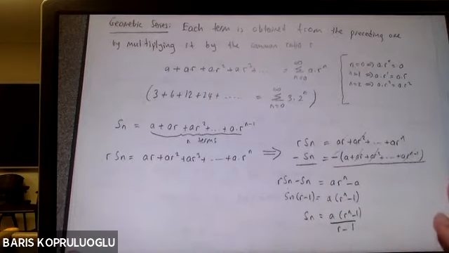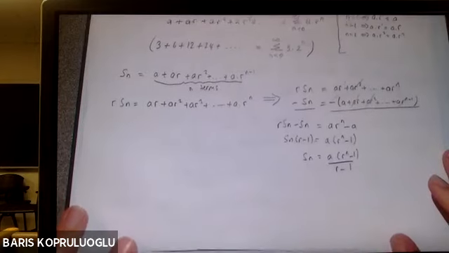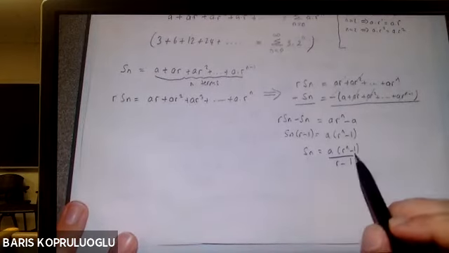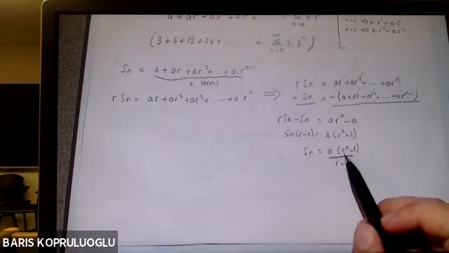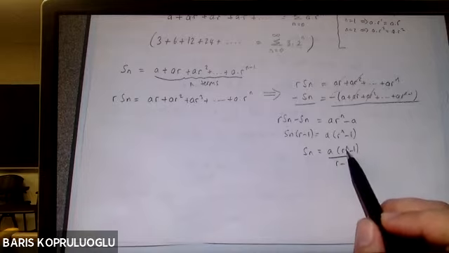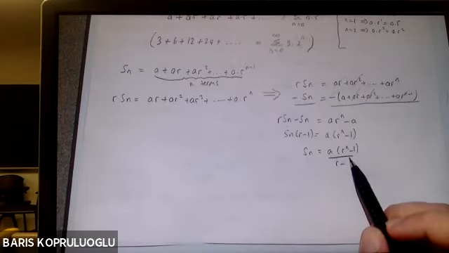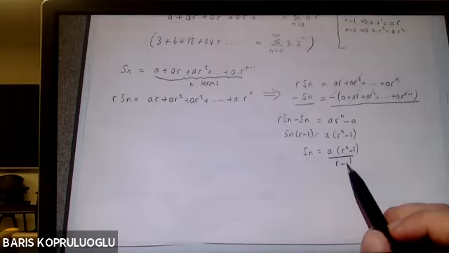Now, if we're talking about convergence and divergence, if r is greater than 1, say 2, as n goes to infinity, it will blow up and be infinity. So if r is greater than 1, this term is going to be infinity, and we can't calculate the nth partial sum.